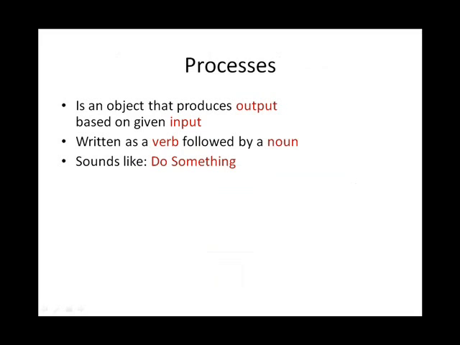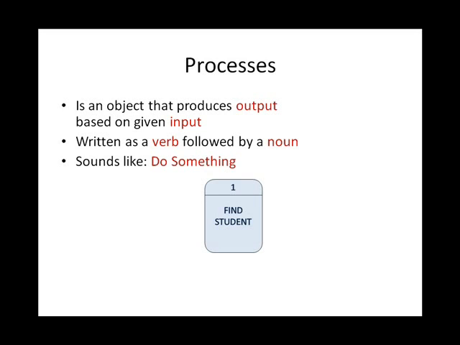Alright, we will start with the process. The process, like I just said, is an object that produces an output based on a given input. It's important to understand that the output is very different from the input, otherwise there is no need for a process. If we look at the symbol itself, the name of the process is written as a verb followed by a noun, so it would always sound like do something, as in the example here, find student.